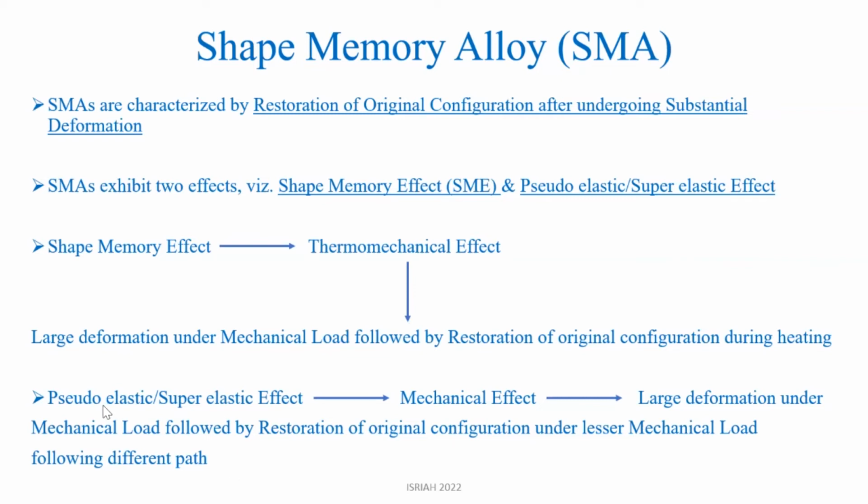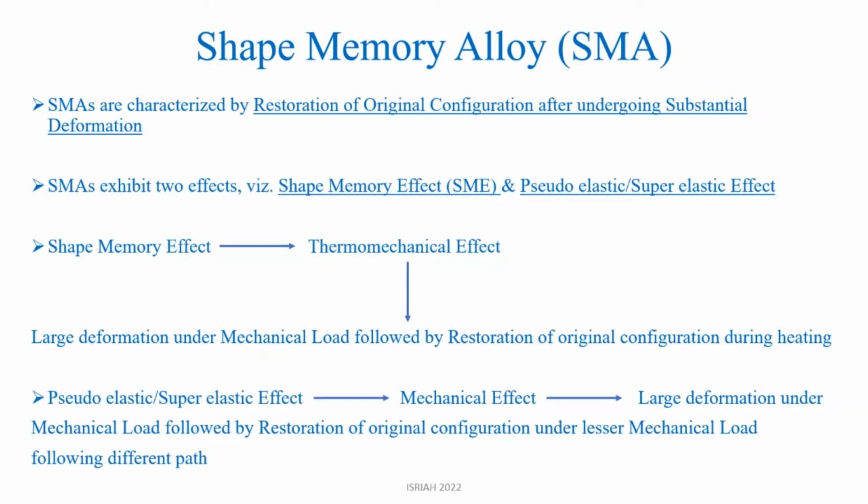Another effect is the pseudo-elastic or super-elastic effect. It is only a mechanical effect, that is, it involves only mechanical loading. What happens here is that when the shape memory alloy is stressed with a mechanical load, it gets deformed.